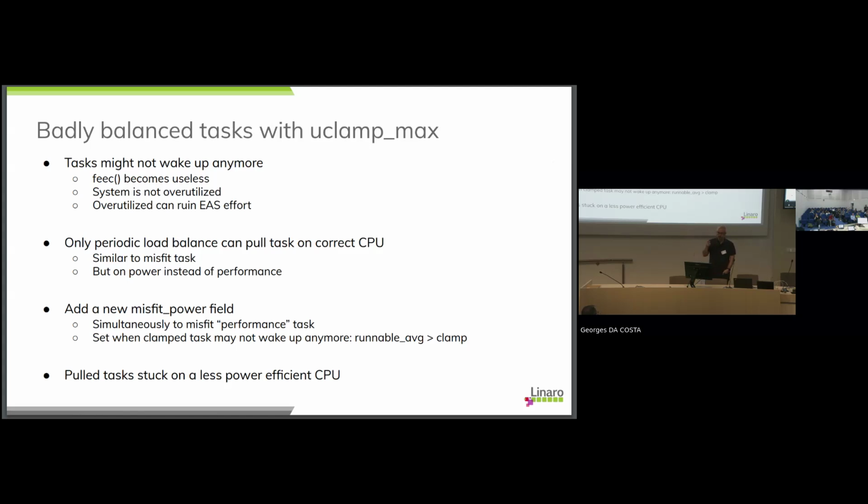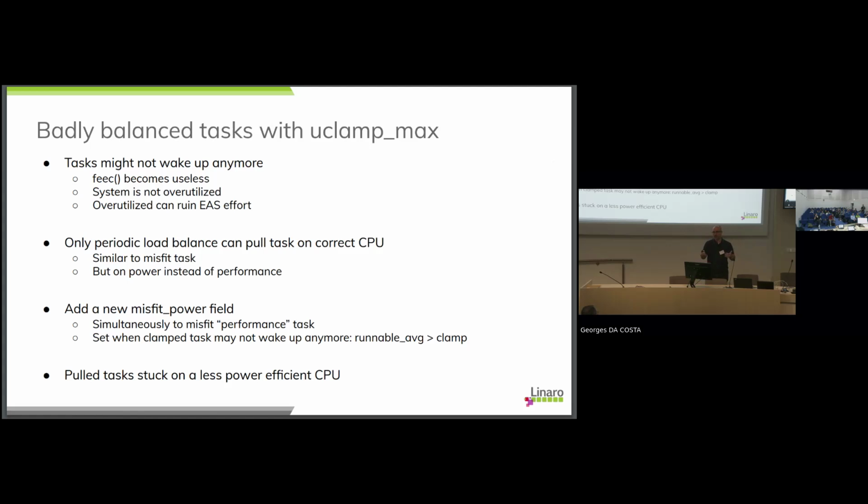So the goal is to be able to detect this task and to use the load balance to pull it. The case is not there yet, but that's something you look at as well, and we discuss it. It seems that it's happening more and more often because we are capping more and more. We have more and more powerful smartphones, but we don't want to use this power all the time.